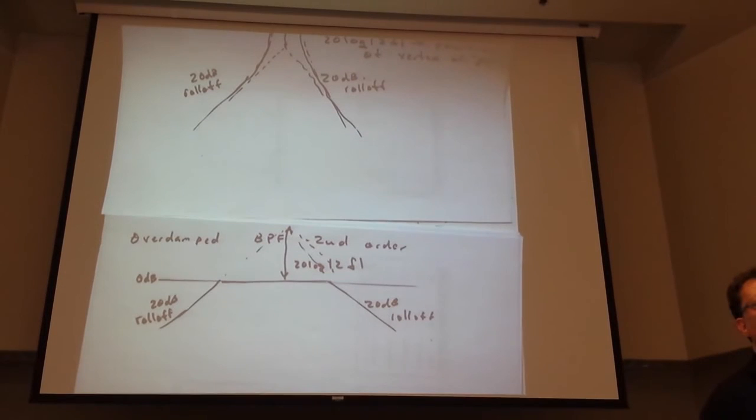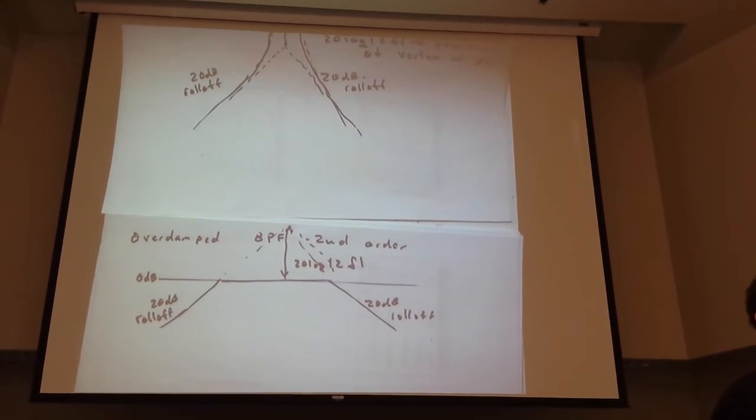In the critically damped case, and we did that last week, so it should be in your notes somewhere, where's the vertex of the V? At 6 dB. Why? If it's critically damped, what's the correction of the straight line approximation? Minus 6 dB relative to the straight line approximation. But where is the resonant frequency always in the bandpass filter?